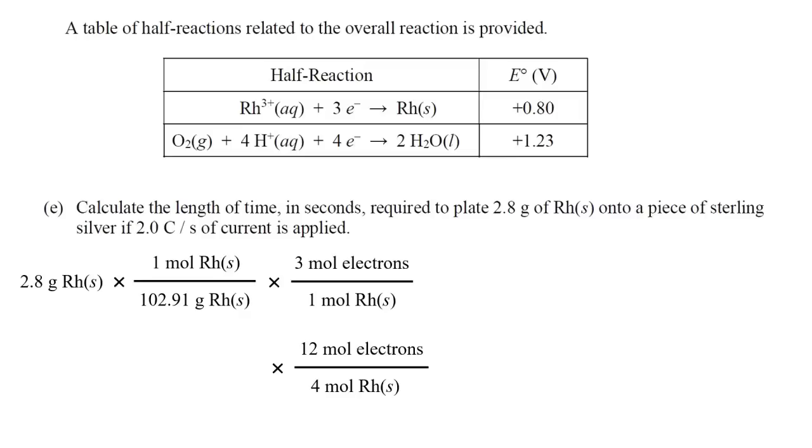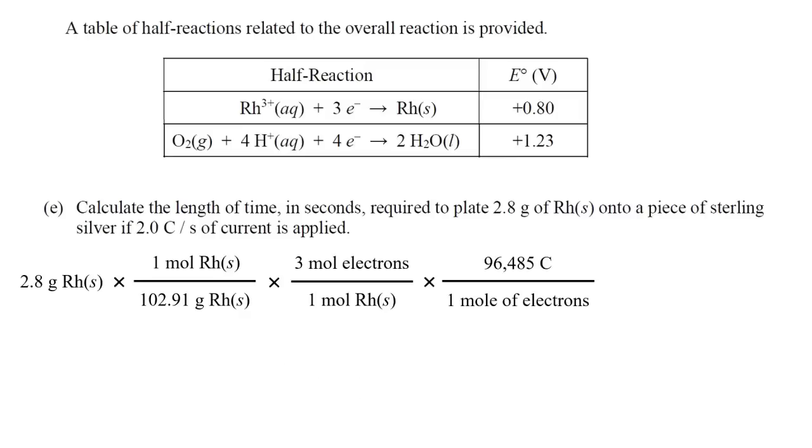So the Faraday constant is 96,485, but that is coulombs of charge for every 1 mole of electrons. Again, look at the units. Moles of electrons are now going to go on the bottom, and then coulombs of electric charge goes on the top. The only thing I have to do now is apply the current, which is 2 amps, or 2.0 coulombs for every 1 second.